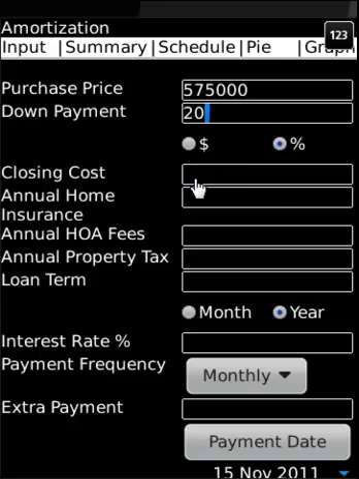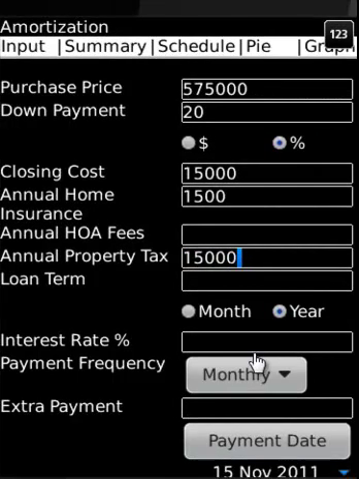We can also specify an actual dollar amount. Then closing cost is 15,000, insurance is 1,500, we don't have a homeowners association fee to pay, but property tax is 15,000. Say interest rate is 5.375%. Payment start date is today.